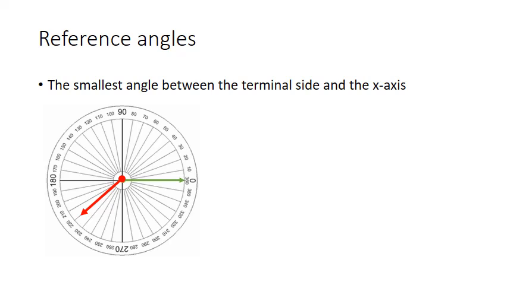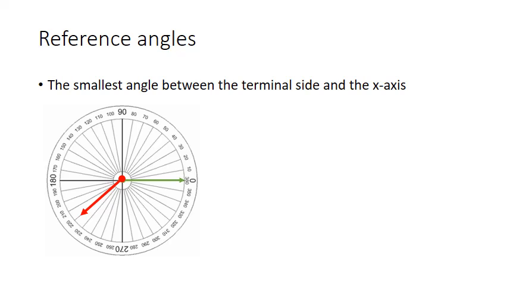Try to see if you can come up with the reference angle for this particular angle. So here, this angle is a positive 220 degrees. Or if we want to think about it as a negative angle, it would be a negative 140 degrees. So what's our reference angle here?